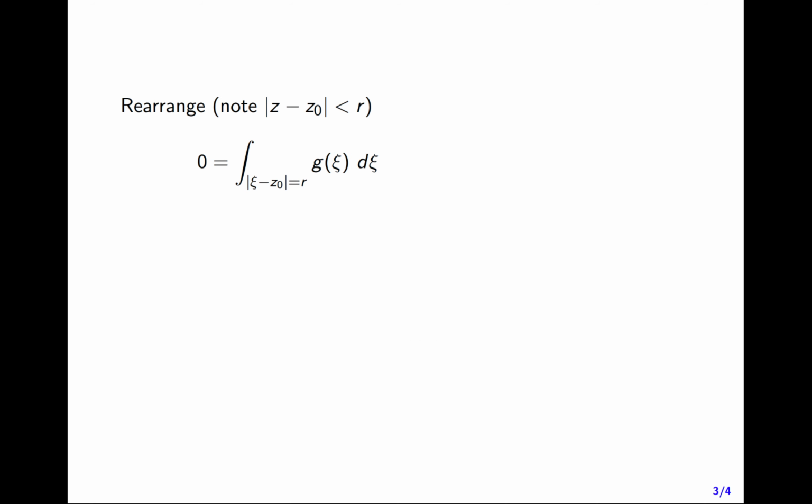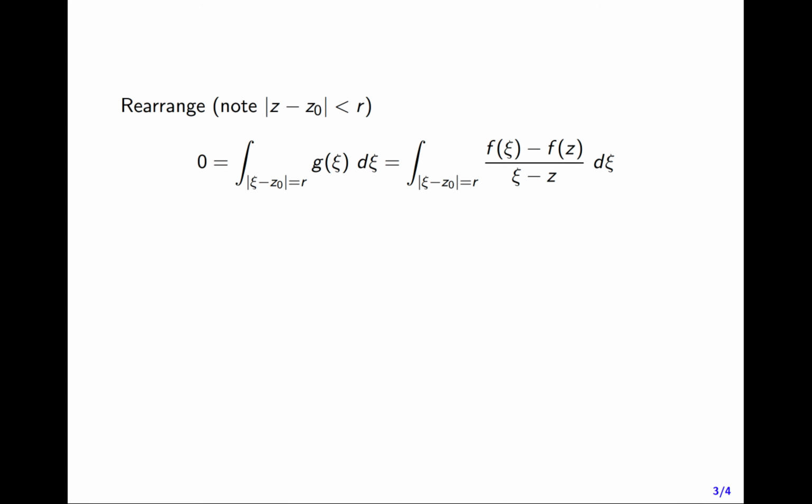Let's do some calculations. So 0 is equal to the integral over the curve modulus of c minus z0 equals r of G. And what is G here? Well, I'm taking c such that c lies on this circle modulus of c minus z0 equals r. And G is one of two things, depending on whether c equals my point z or not.